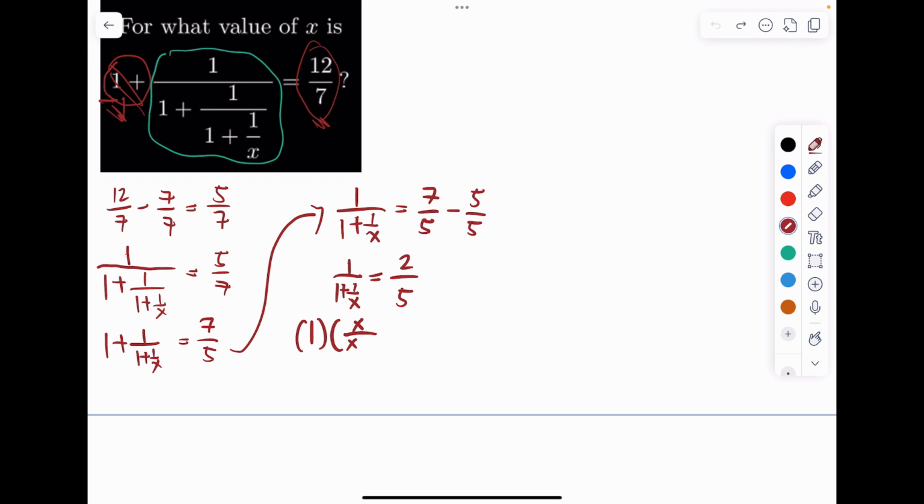All right, so let me first fix my mistake. Here on this part, simplifying this will be x plus 1 over x. That's the answer for this one. And then we're going to do the reciprocal, so it will be x over x plus 1 equals 5 over 2.